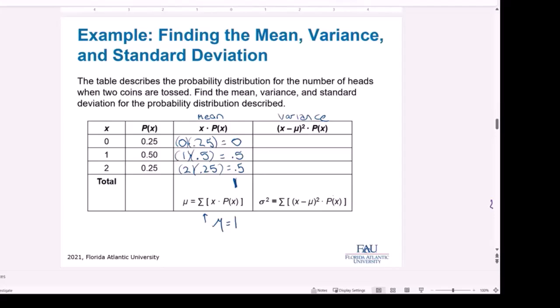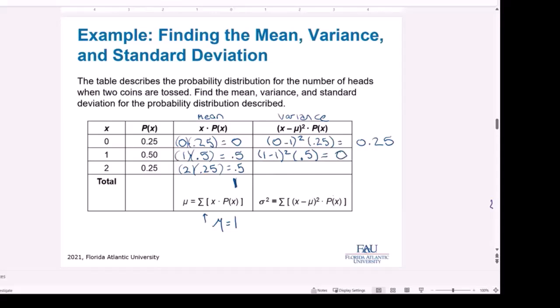Now let's do the variance. X is 0, mu is 1, we square it, and we multiply by p of x, which is 0.25. And this is going to equal 0.25. I'm just going to put it out here. I have 1 with my x minus my mean squared times my p of x, which is 0.5, which equals 0. 0 times anything is 0, so this is 0.